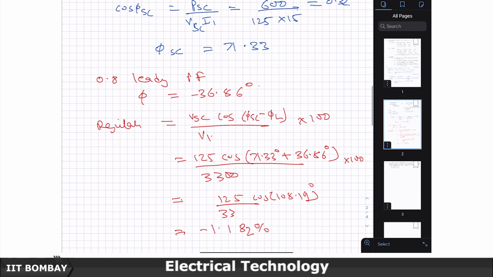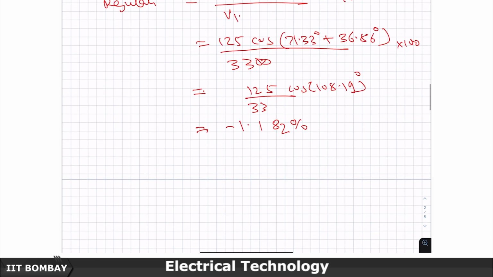Now this thing is negative, so the percentage voltage regulation is negative, that means there is a voltage rise on the secondary side. And why is that happening? Connecting back to earlier times when I used to do compensation using capacitors to improve the voltage, the capacitor basically gives you a leading power factor.